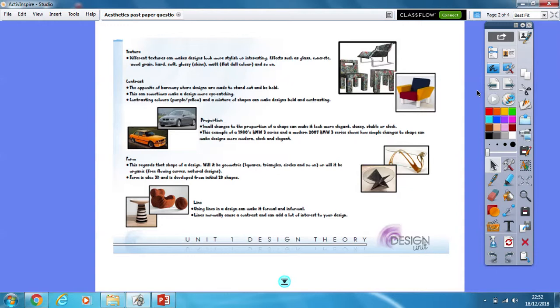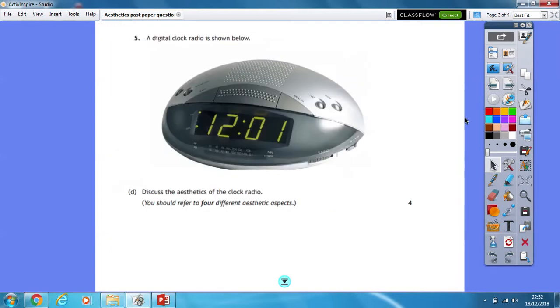So let's have a look at an actual question, just so that we know how to approach it. Here we've got a question that says, a digital clock radio is shown below. Discuss the aesthetics of the clock radio. You should refer to 4 different aesthetic aspects. Now that's important.